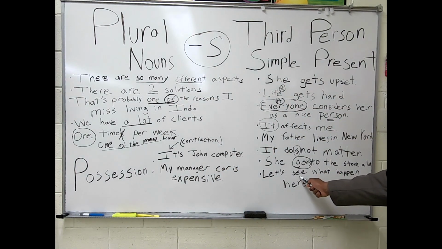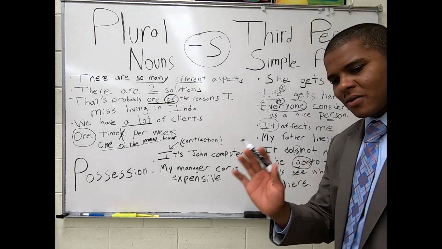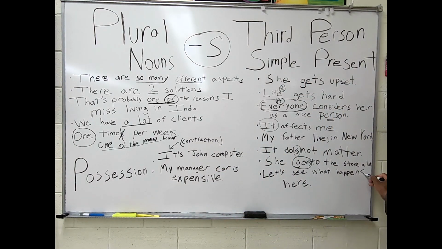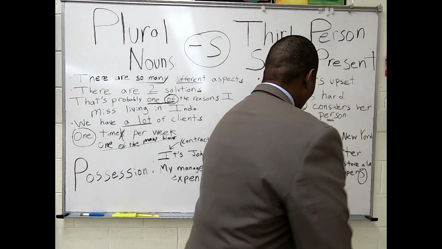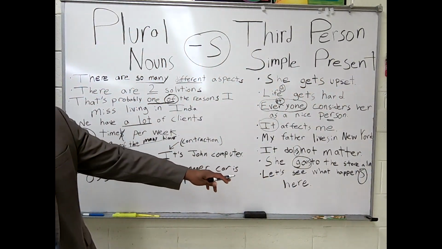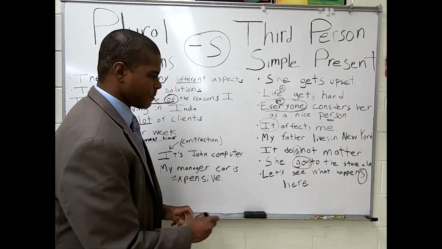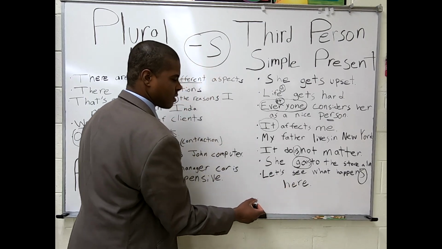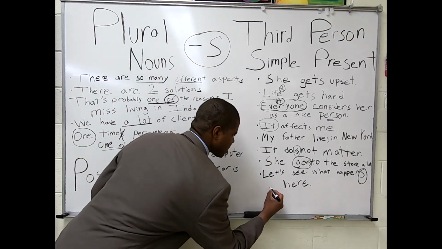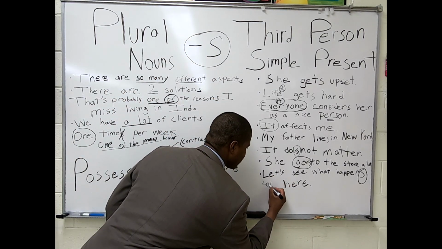Let's see what happened here. Okay, no. Let's see what happens. Now, why? You say, well, we get upset, right? You say, well, let's is a contraction of let us.